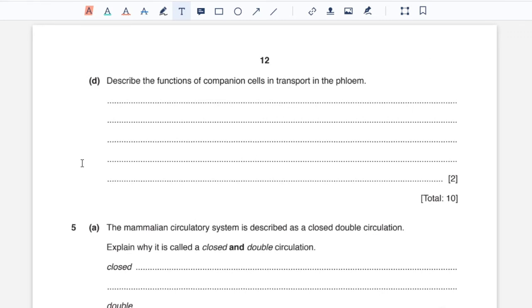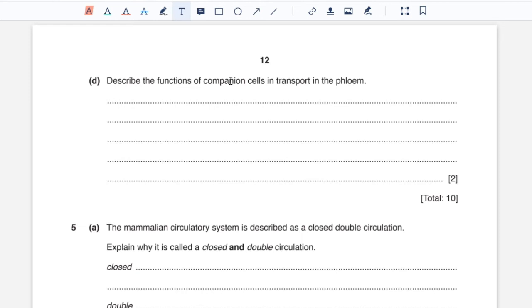Describe the functions of companion cells in transport in the phloem. So companion cells have proton pumps that pump the hydrogen ions from inside their cytoplasm into their cell walls, and this creates a potential gradient, and that movement is caused by active transport requiring energy.